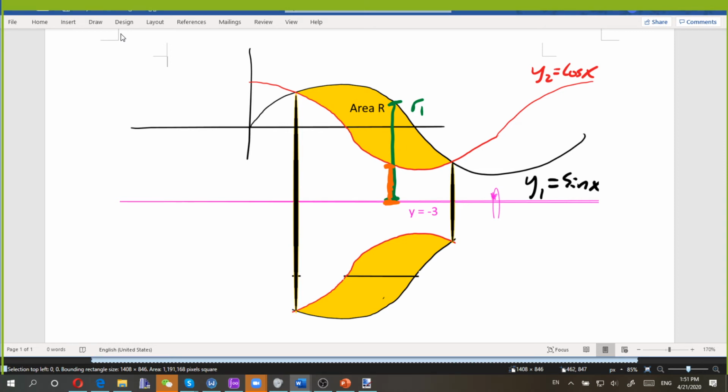So in this case, R2 would be the difference in my y values of cosine x and -3, or cosine x minus -3, which is cosine x plus 3.